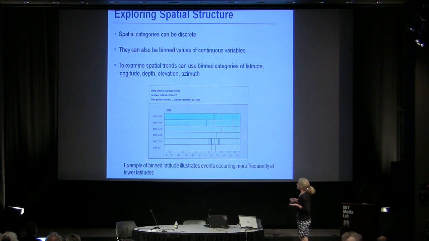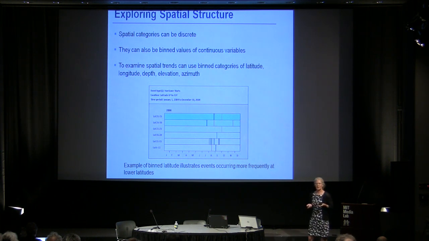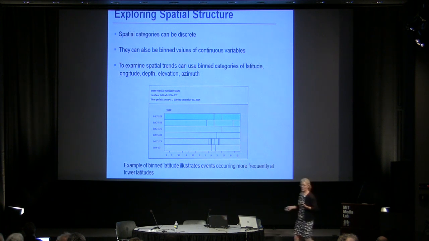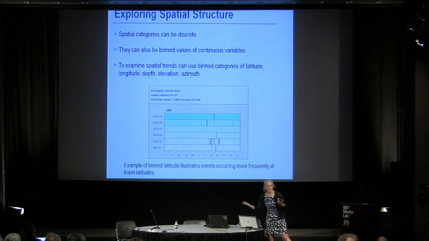So we can do bins, in this case latitude. And what this allows us to do is to actually see if I have spatial trends. So in this case, am I seeing more events at lower latitudes than at higher latitudes? You might argue, but it allows you to explore the question of whether I have spatial trends in my events.